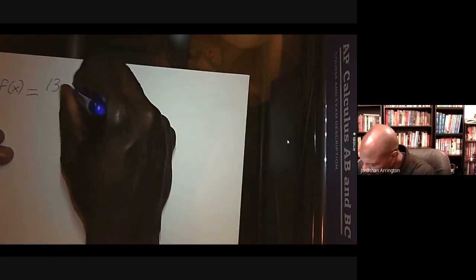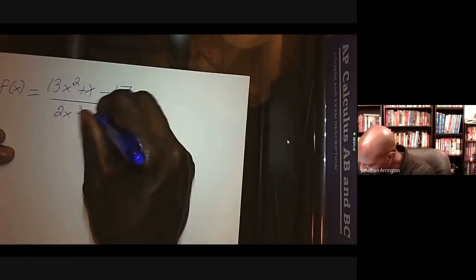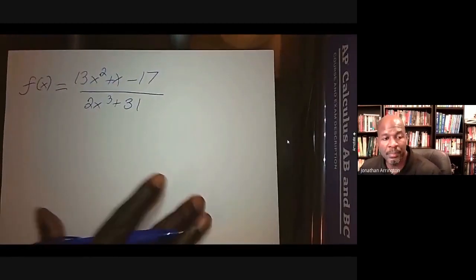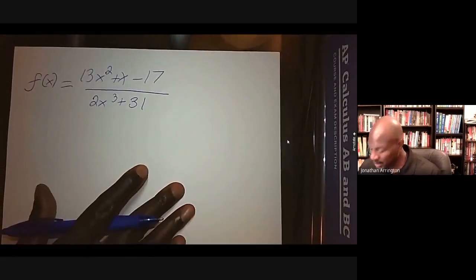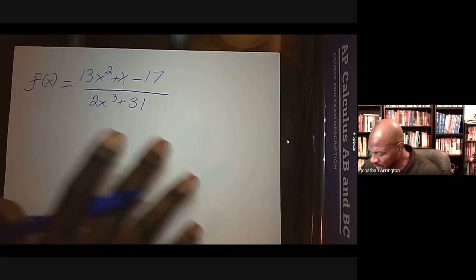So let's look at some rational functions and see if we're okay with those. Let's say f of x is 13x squared plus x minus 17 over 2x cubed plus 31. All right. So again, we're going to find the y-intercept, of course.